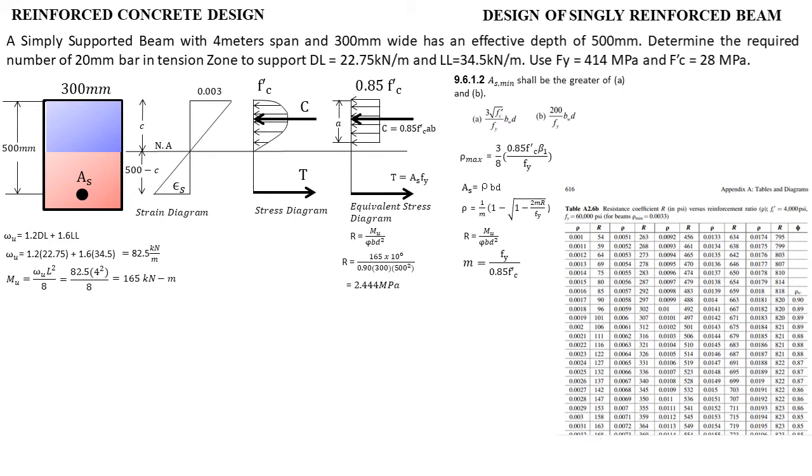We said earlier that our table is in PSI, so let us convert it into PSI. Our R is 354.47 PSI, and that is equivalent here. It is in between 350 and 355, and the rho value is in between 0.0069 and 0.007.